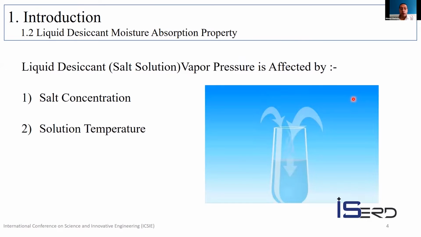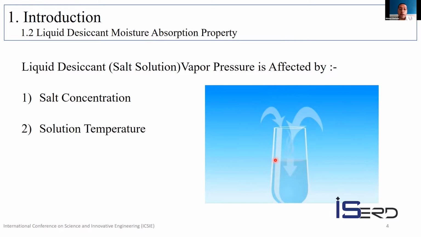The liquid desiccant air conditioning systems are based on a natural phenomenon. The natural phenomenon is absorption. If we get a cup of water and we drop salt in it, it becomes a salt solution. The water vapor pressure difference between the solution and the air absorbs the moisture from the air, and the air is being dehumidified.